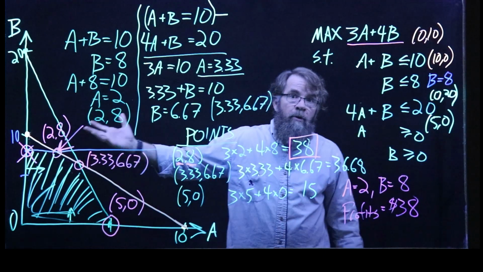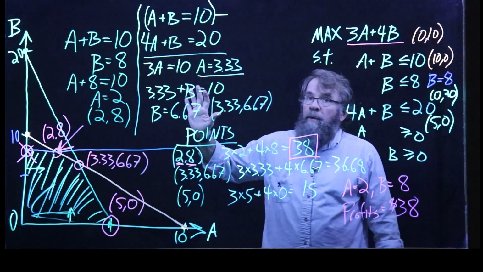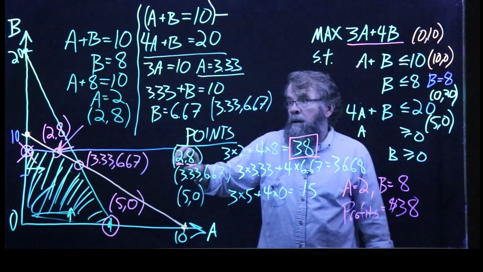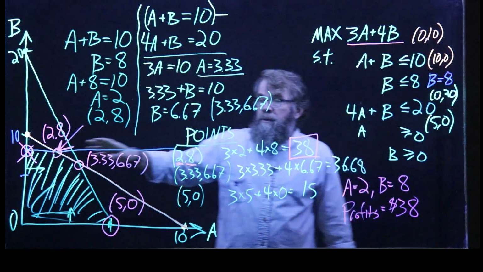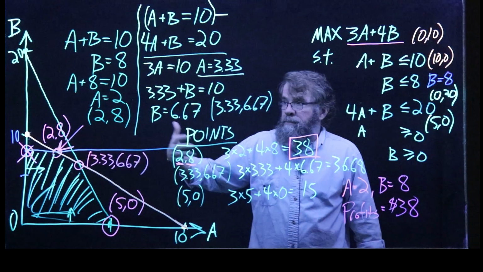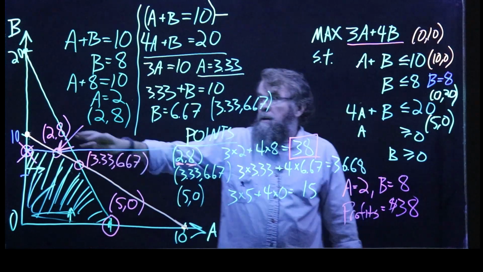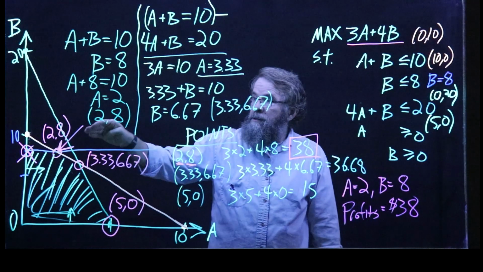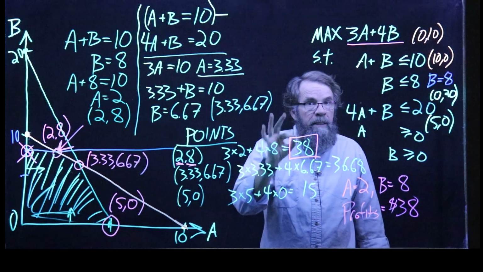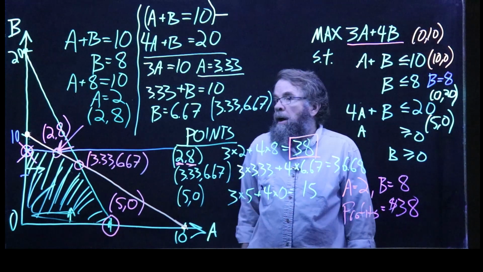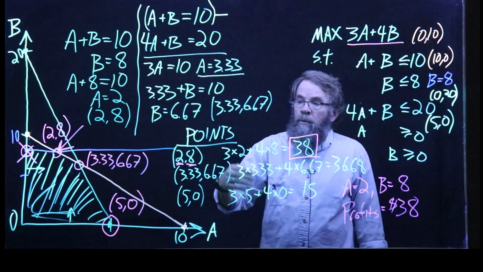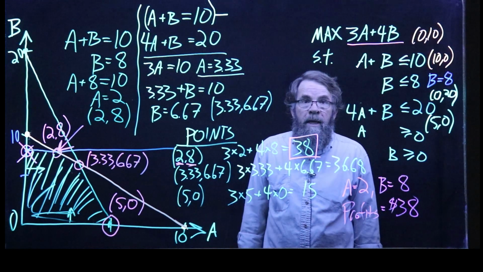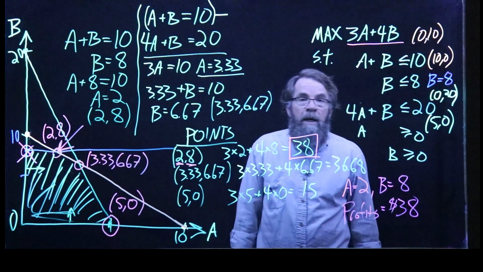We drew those on our graph, and then we found the feasible region, and then we identified the corner points of the feasible region, and we're able to eliminate one because it's dominated, the mathematicians would say, by this other point. And then we needed to just solve for those corner points using just a little tiny bit of algebra. And then once we had those corner points, we had to find out how much profit we would get from each one, and then we chose the one that gave us the most profit because we are maximizing.